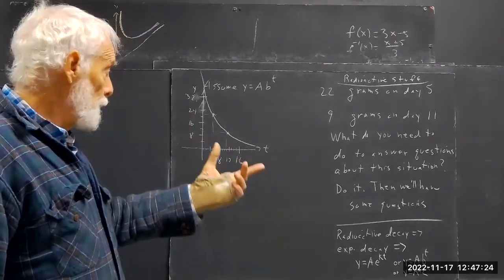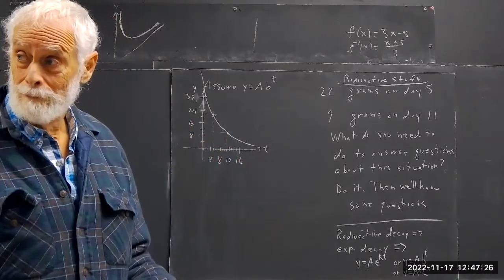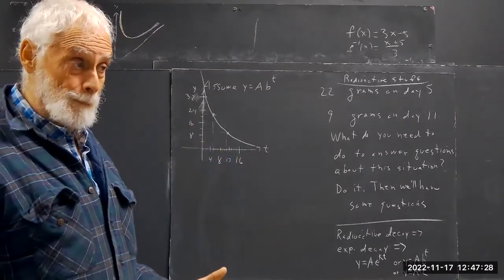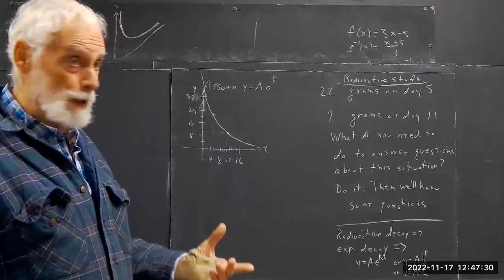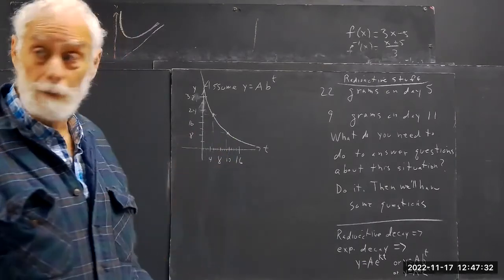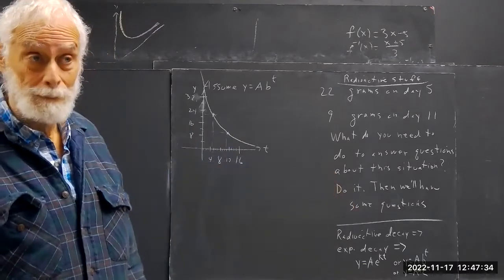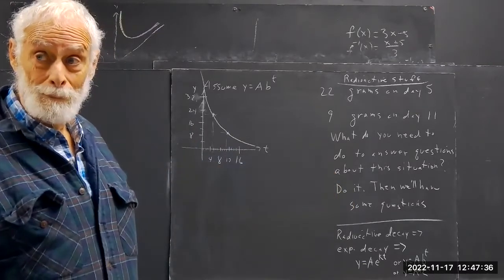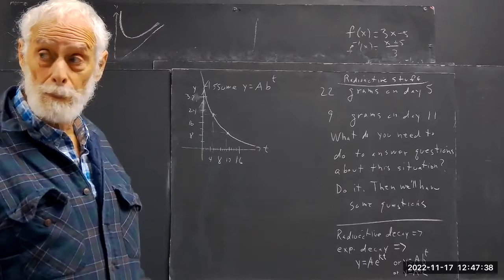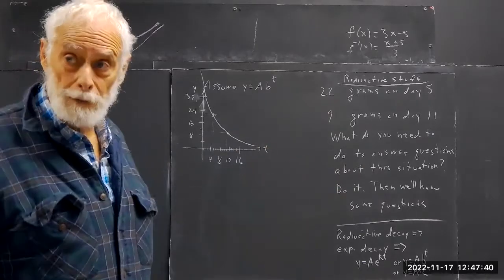Either the curve's wrong or the model's wrong. Okay. On the test, I could well ask you, graph this data, graph this information. Okay. Graph the information, now solve the model, now tell me what the half-life is. Okay.